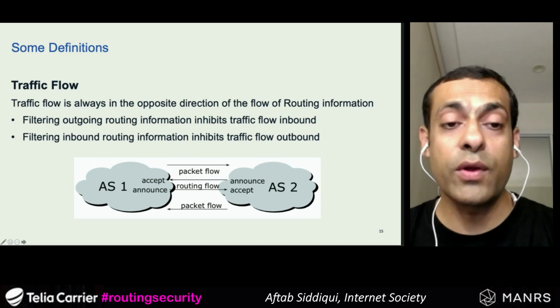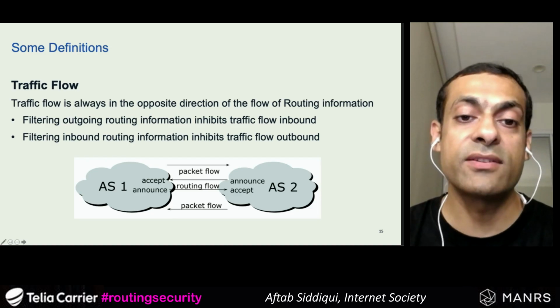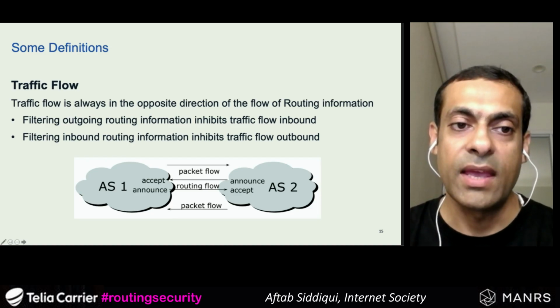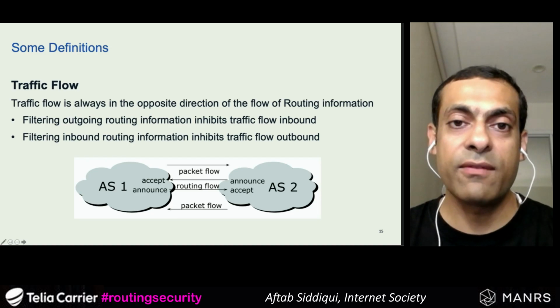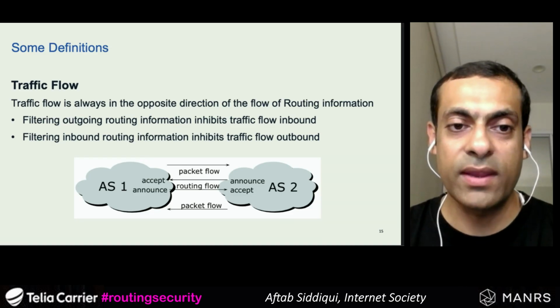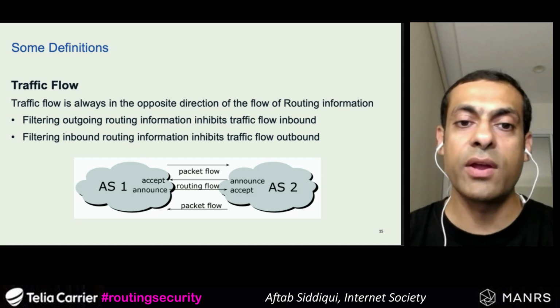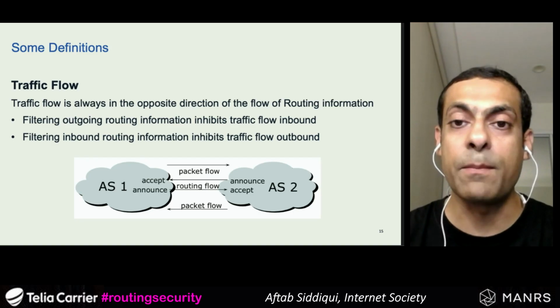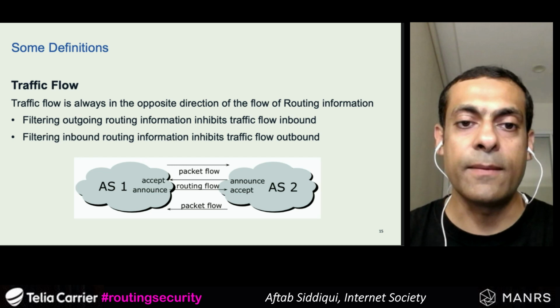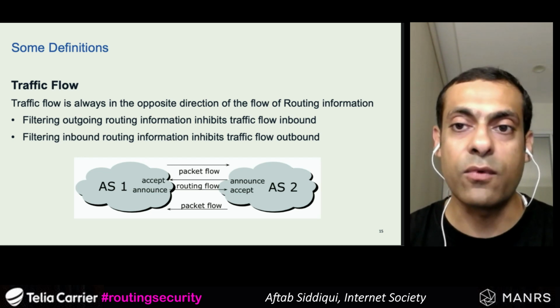Filtering outgoing routing information inhibits traffic flow inbound. If you are putting a filter for your outgoing routing information, it means you are restricting who can come in and who cannot in terms of traffic flow, not the routing flow.